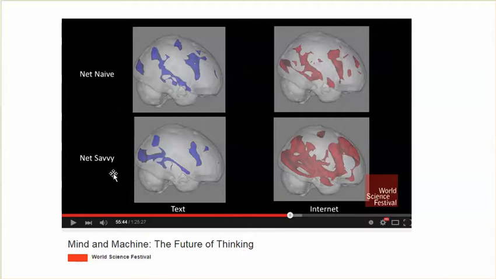But if you look at the net savvy person, they didn't see a page as a text. Look at this. This is more than a double of activity in the brain. I would claim this scan, in my view, reflects the map they have of the net in their brain, and all these things are getting activated because for a net savvy person, a web page is not a web page, it's a series of clues of where else you can go to find information, right?